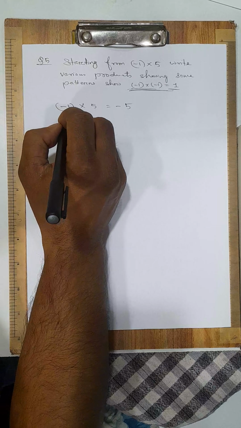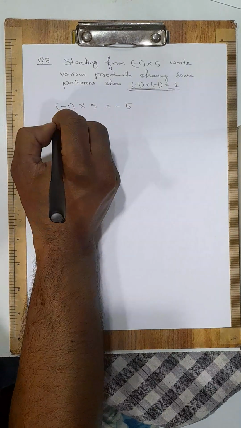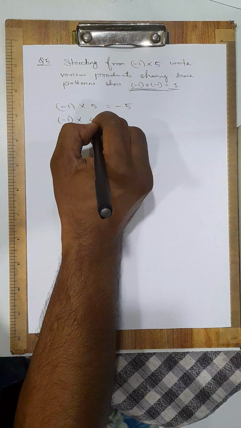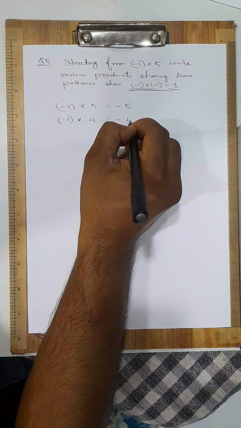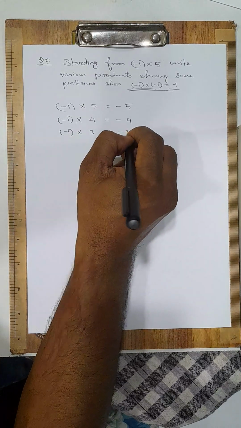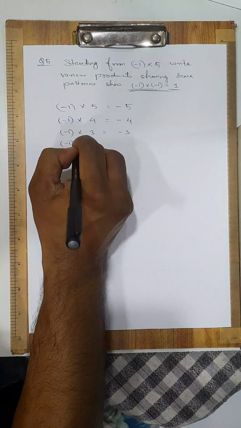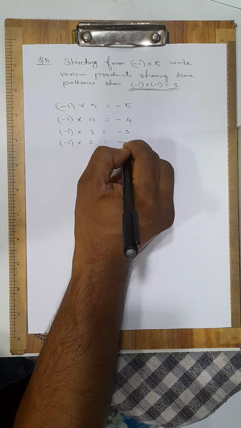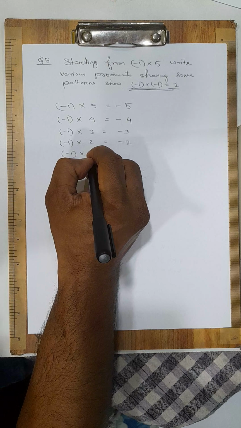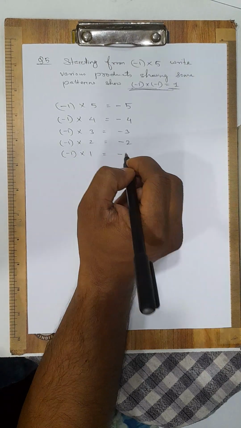We find that minus 1 multiplied by 5 equal to minus 5. So let us keep minus 1 multiplied by 4 equal to minus 4. Minus 1 multiplied by 3 equal to minus 3. Minus 1 multiplied by 2 equal to minus 2. Minus 1 multiplied by 1 equal to minus 1, right?